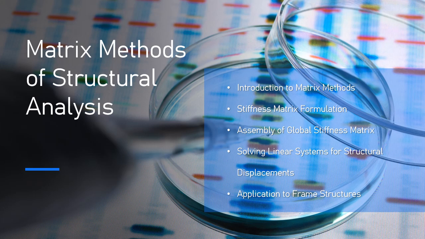In these methods, the relationship between forces and displacements is captured in the form of a matrix equation, allowing for efficient analysis of structures, especially those with multiple elements and complex geometries. In essence, the stiffness matrix relates the displacements of the structure to the applied forces. The goal of the stiffness matrix formulation is to systematically derive the stiffness matrix for a given structure or structural element, and then assemble it into a global stiffness matrix for the entire structure.